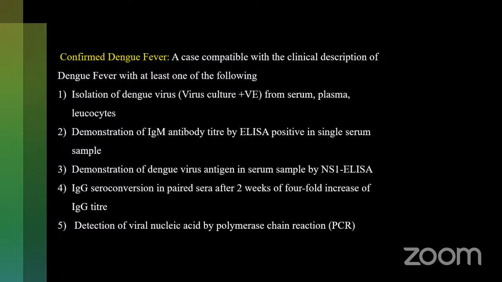A confirmed dengue fever is a case that is compatible with the clinical description of dengue fever, along with one of the following: isolation of the dengue virus from the plasma, serum, or leukocytes, or demonstration of the IgM antibody titer by ELISA, or demonstration of the dengue virus antigen in serum sample by the NS1 ELISA, IgG seroconversion in paired sera after 2 weeks or a fourfold increase in the IgG titer, or detection of the viral nucleic acid by the PCR technique.